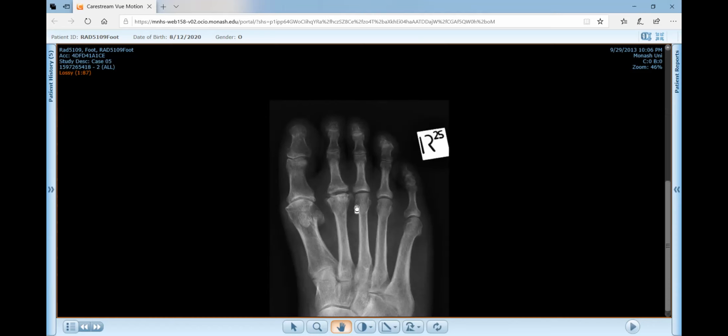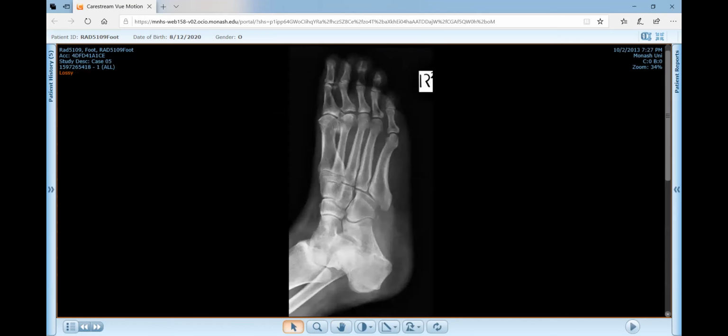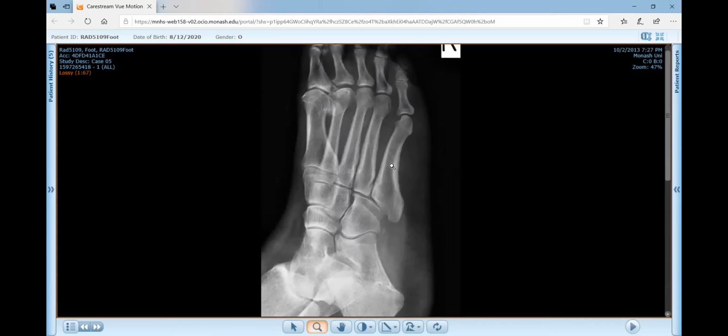So let's just look at the other view as well. So this is the oblique view. It doesn't demonstrate it as well though as our DP view.